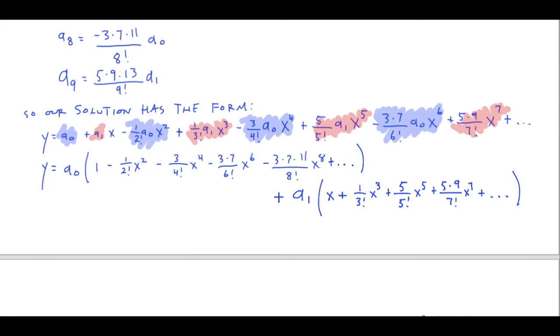Nevertheless, this is a valuable structure or form to my solution, because while I don't necessarily have the full explicit solution, if I wanted to approximate a solution to this differential equation, I could simply utilize as many of these polynomial terms as would be appropriate.